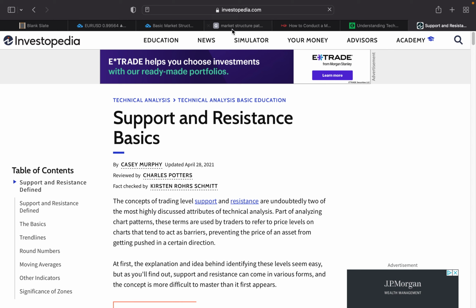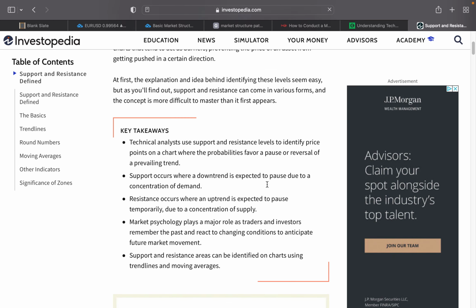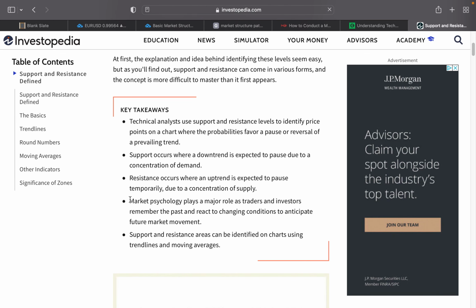So you can see here is Investopedia, man. If you haven't noticed already, I go to Investopedia in every single one of my videos. Investopedia is full of basic market knowledge, core market knowledge. So make sure that you guys are going to Investopedia.com. You can just get a quick takeaway here that market psychology plays a major role as a trader, and investors remember the past and react to changing conditions to anticipate future market movement.